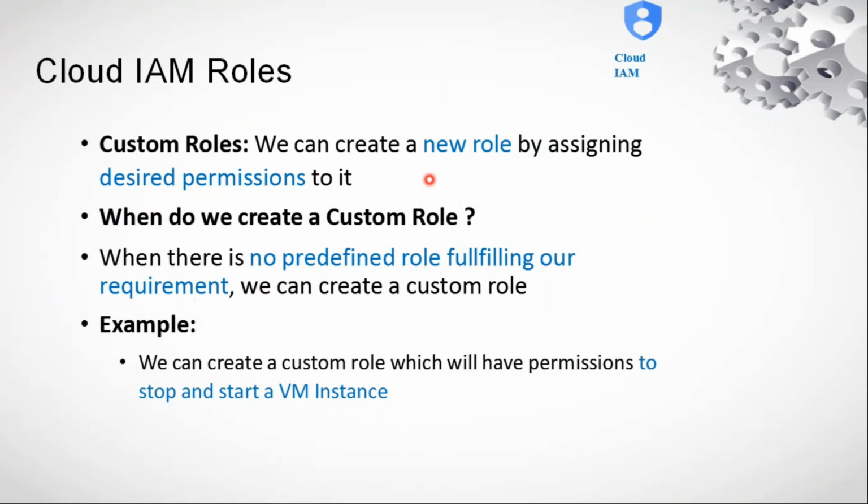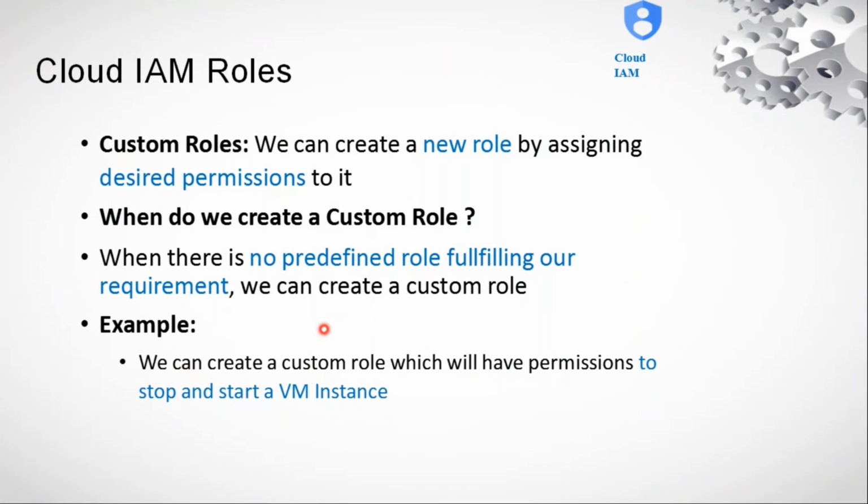In that case, we can create our own new role and assign the desired permissions to it. For example, we can create a custom role which will have only stop and start, meaning that user can only stop the instance and start the instance. Only two permissions can be provided to a particular user.